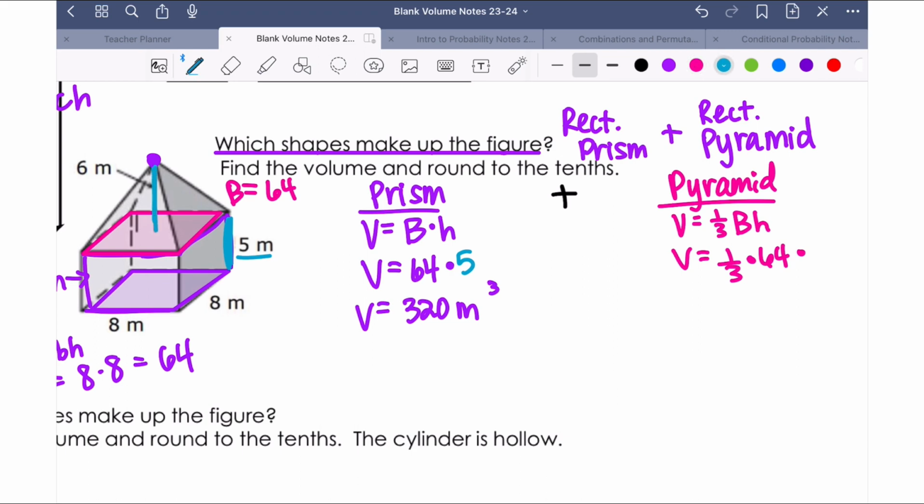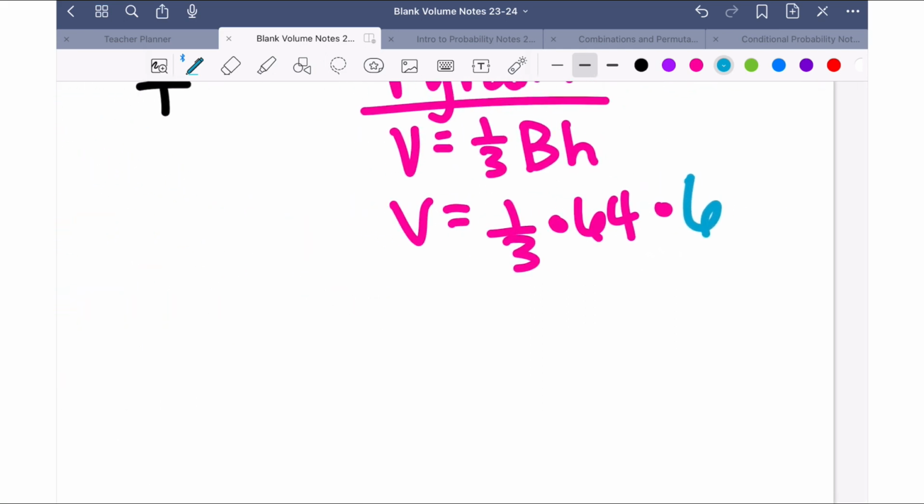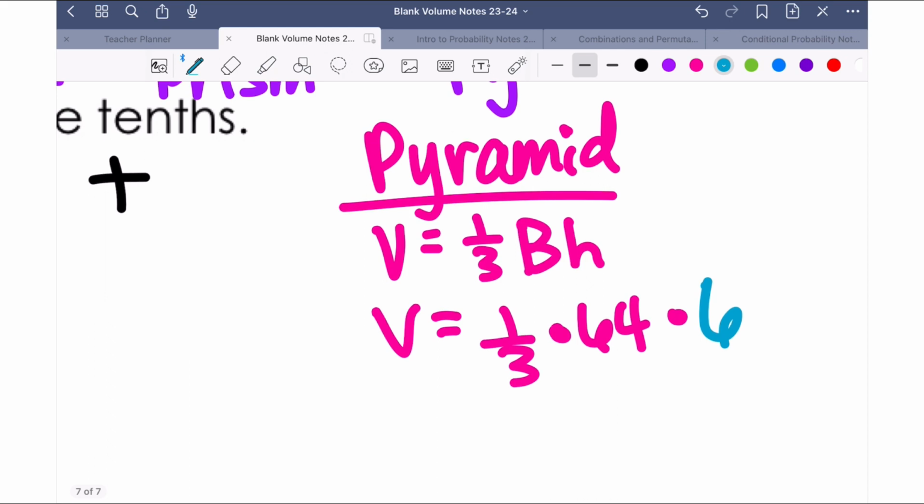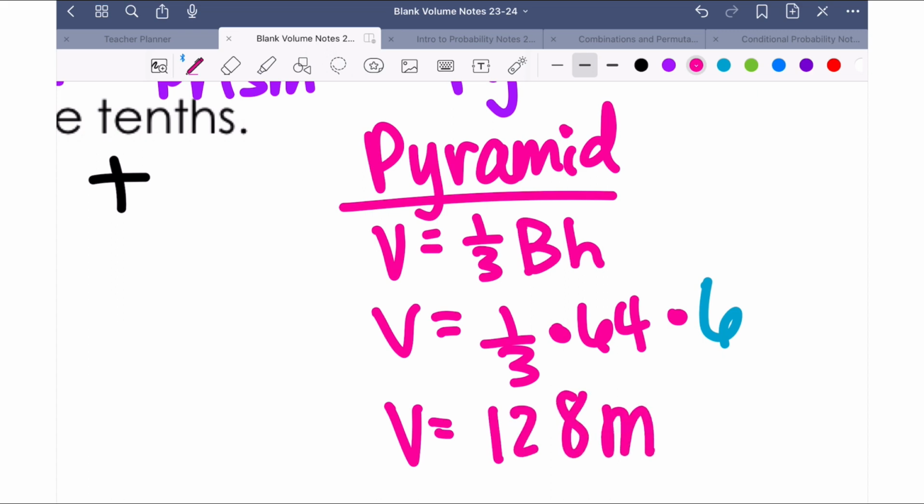The pyramid height. How tall is that pyramid? 6 meters. So here's the work for the pyramid. Write it down. 1/3 times 64 times 6 is a total of 128 meters cubed. Okay. All right.